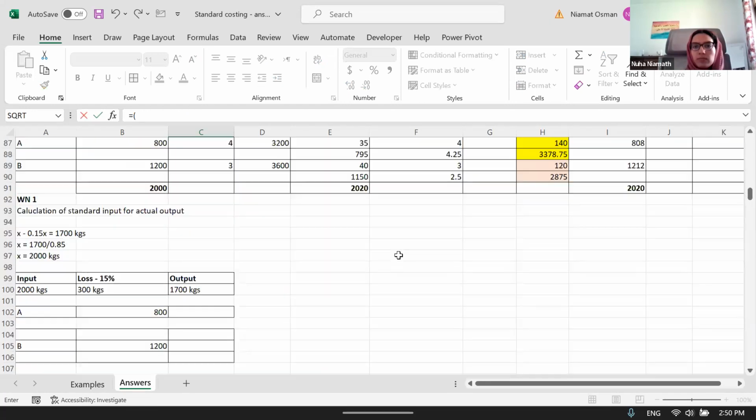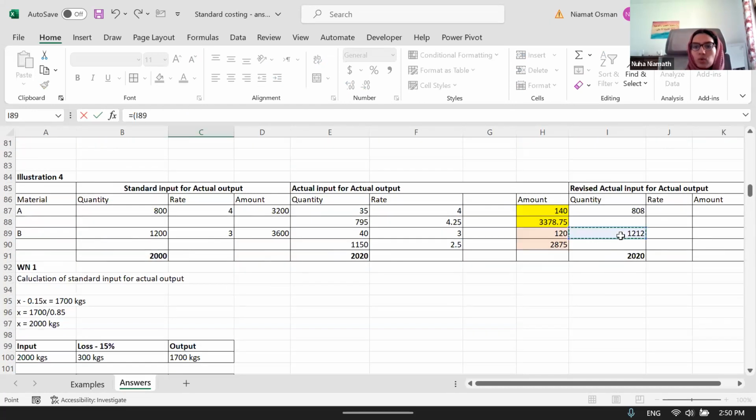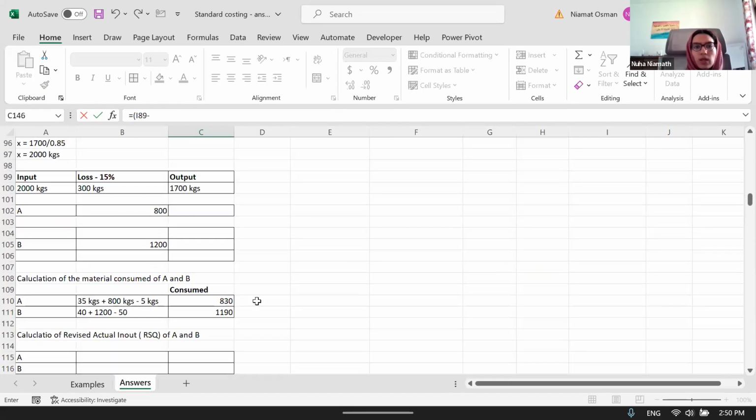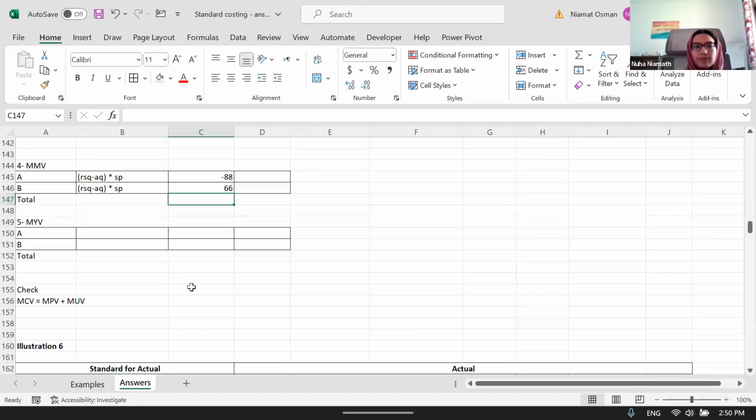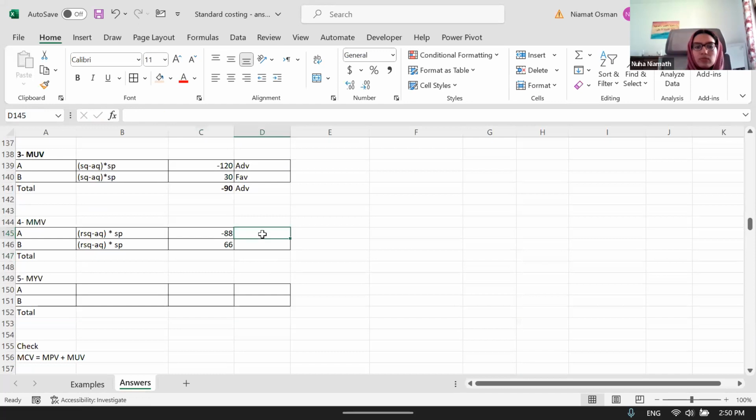For B it is 1212 minus actual 1190 into the SP of B. Okay, this is adverse, and B is favorable. So our total comes to 22, which is adverse. All clear?